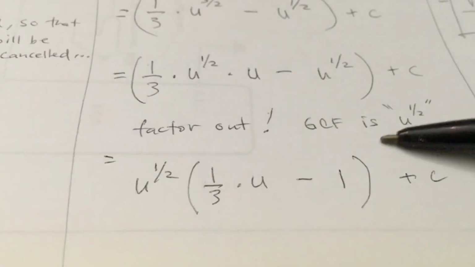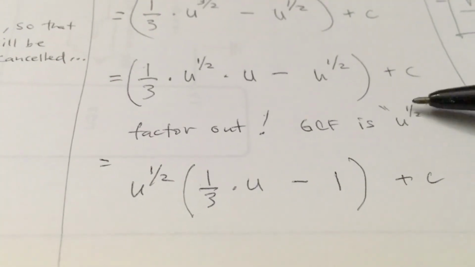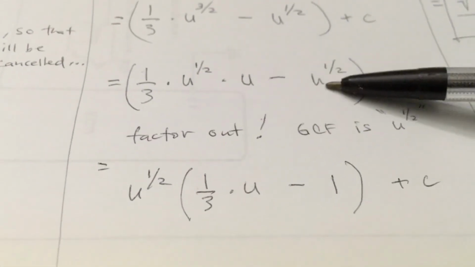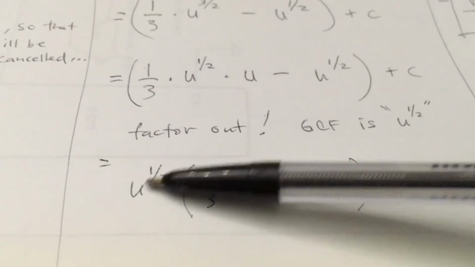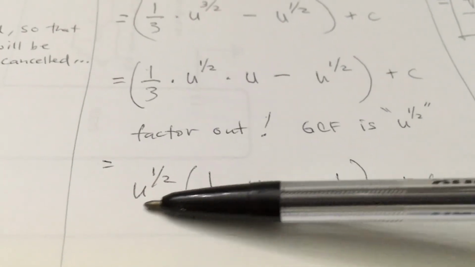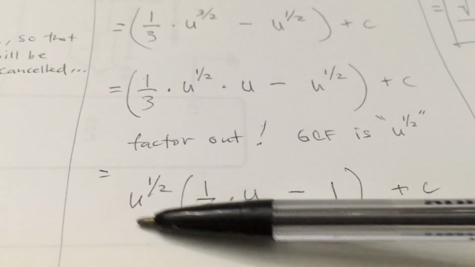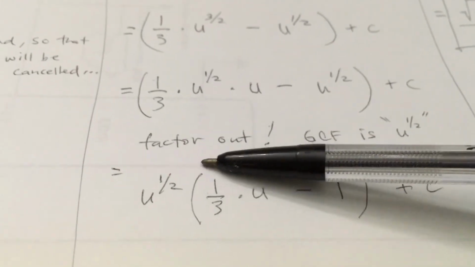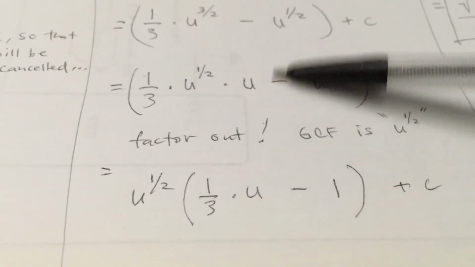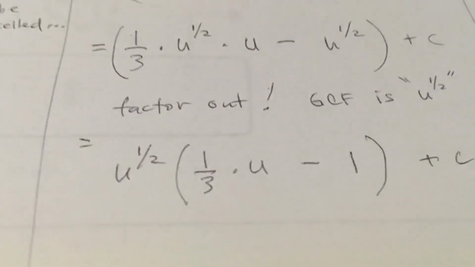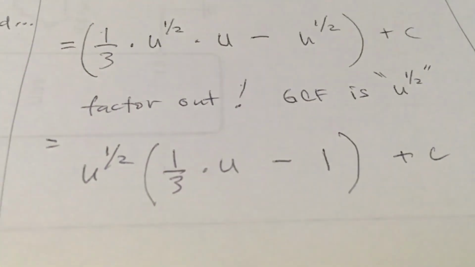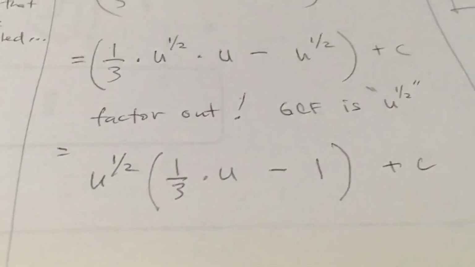Factor out the GCF, which is u raised to the 1/2, because this is the common factor. You can place that at the extreme left, and then by factoring this will be the result. We must factor that out so that it is easier to use.